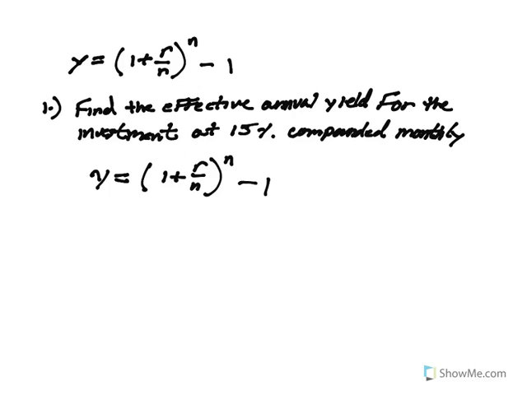Okay. So now just plug in everything that's given. We know the rate is going to be 15%, so just convert that to a decimal. That's 0.15. Compounded monthly, well, n has to equal 12.